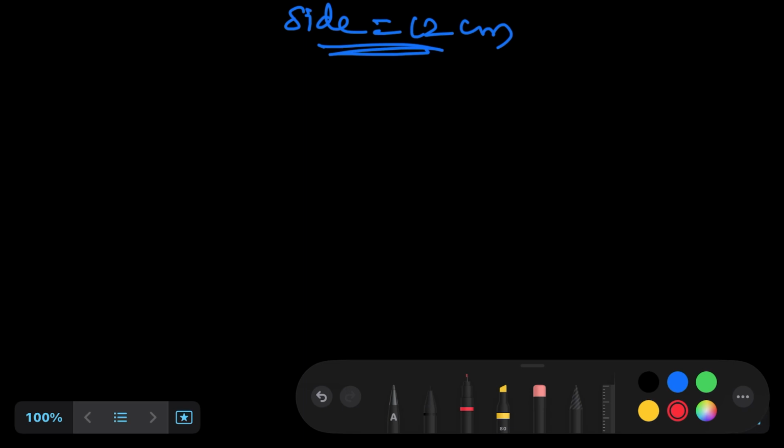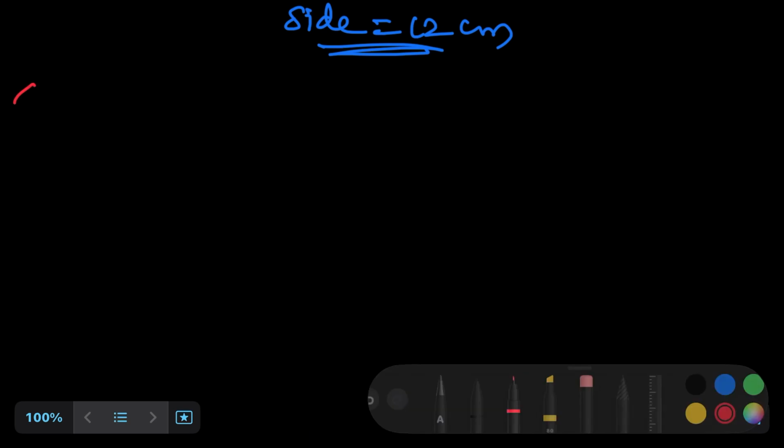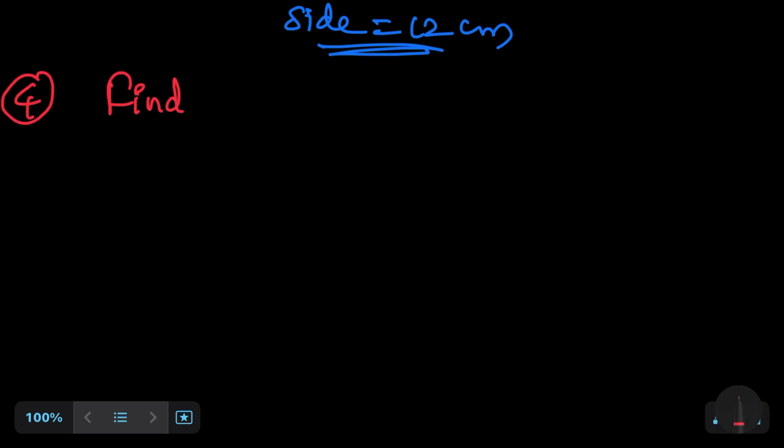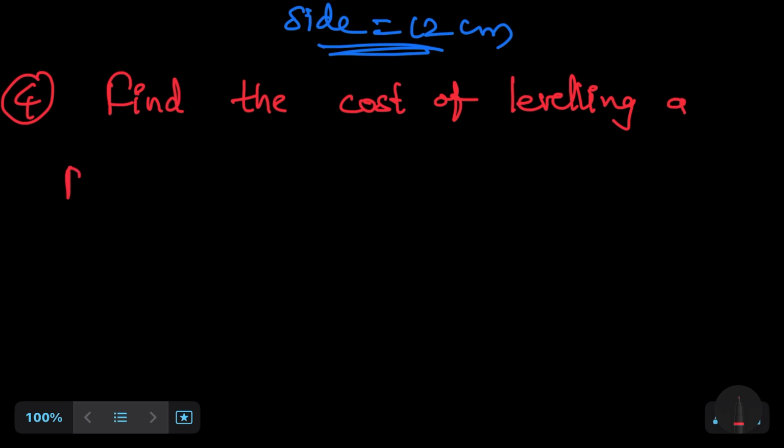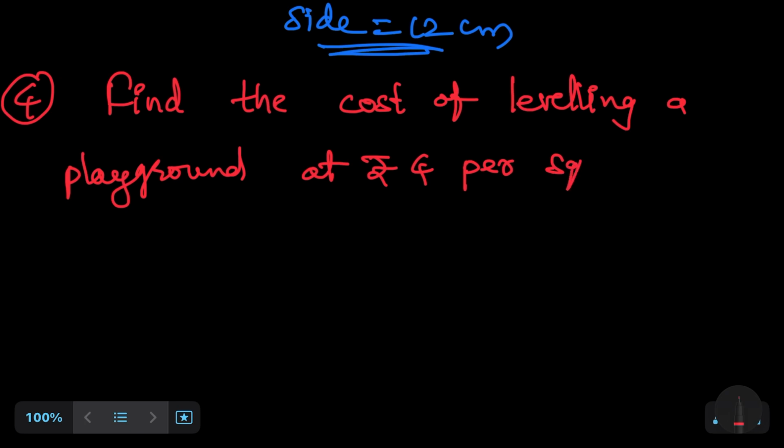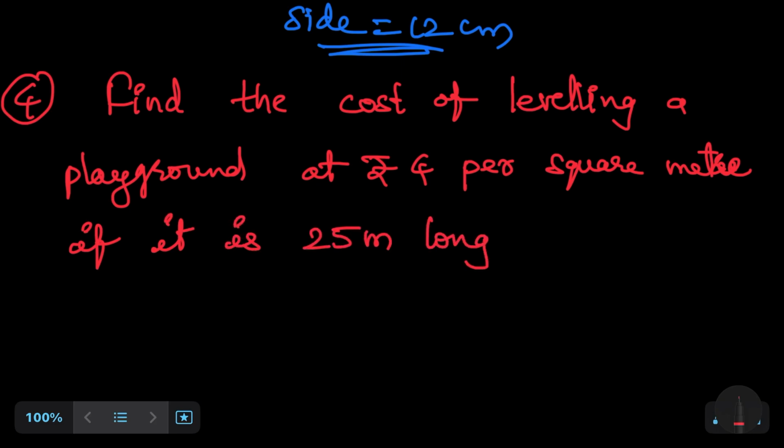Next, find the cost of leveling a playground at 4 rupees per square meter if it is 25 meters long and 15 meters wide.